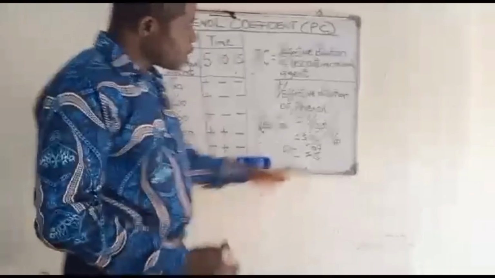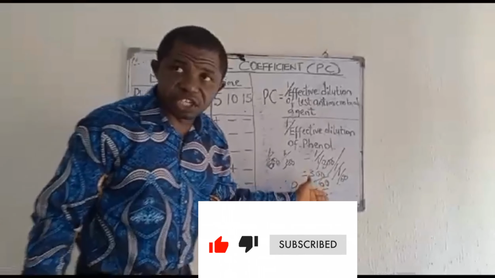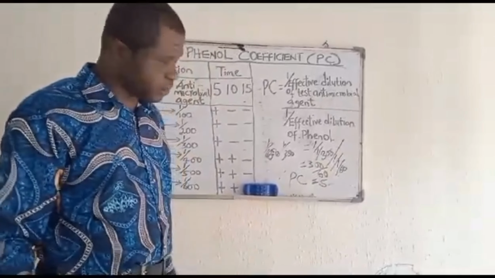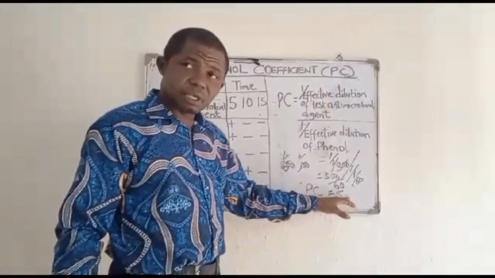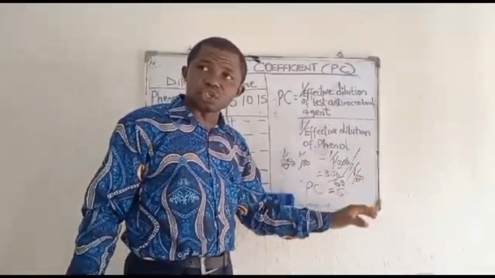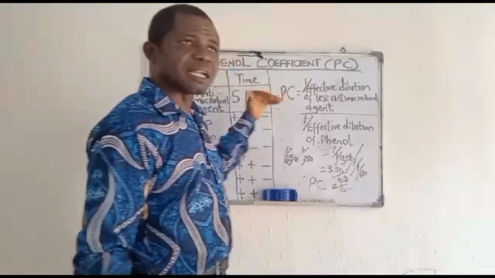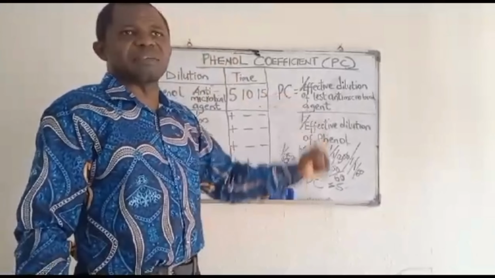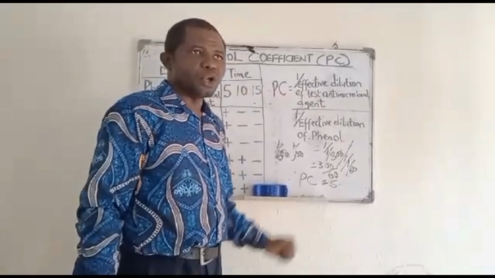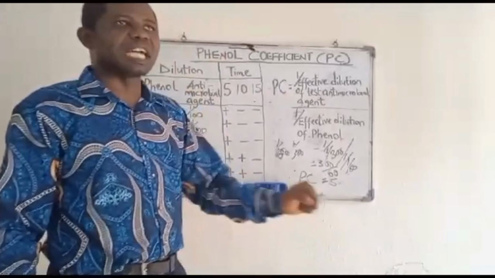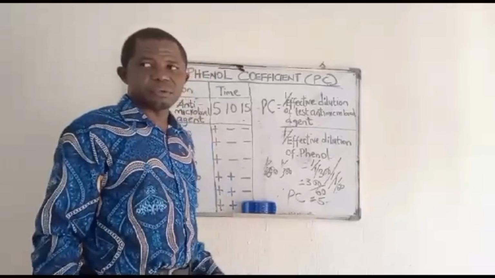So what is the implication of these results? Once you do the analysis and obtain a value greater than 1, it shows that the test antimicrobial has a 5 times killing effect on that test microbe more than phenol.